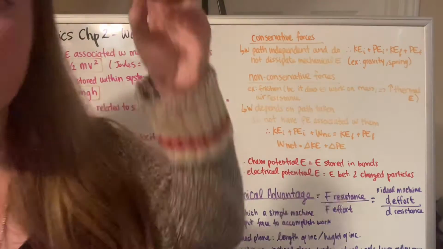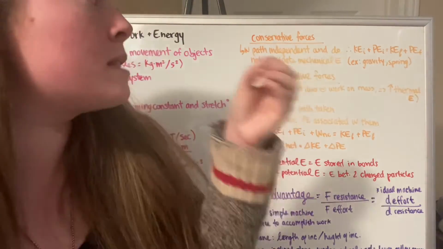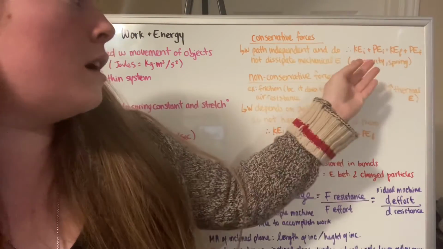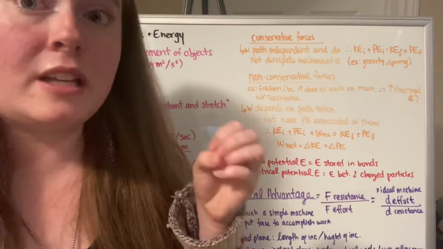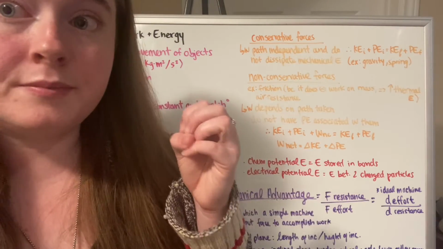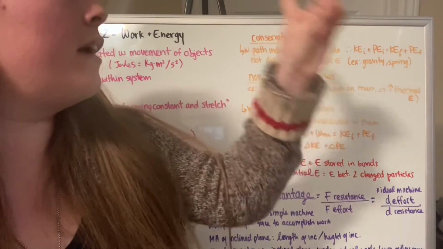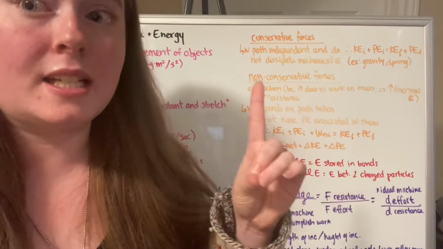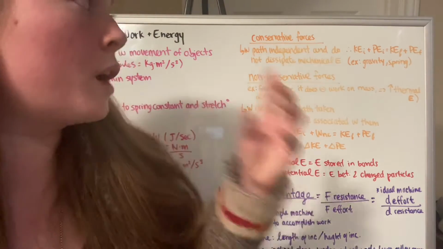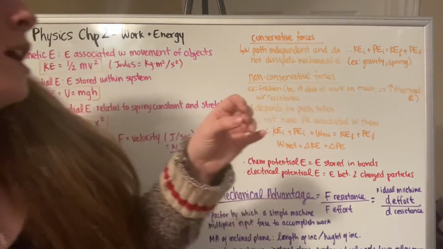When you're dropping something from a certain height, you can calculate the potential energy of that, because gravity, as we said, is a conservative force, and it's always going to be a path independent process in terms of the work that is being completed by the gravity, if that makes sense.